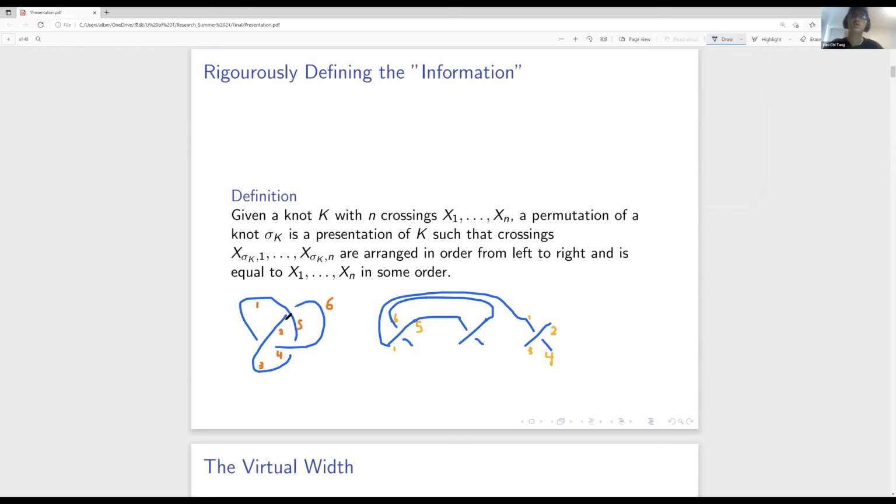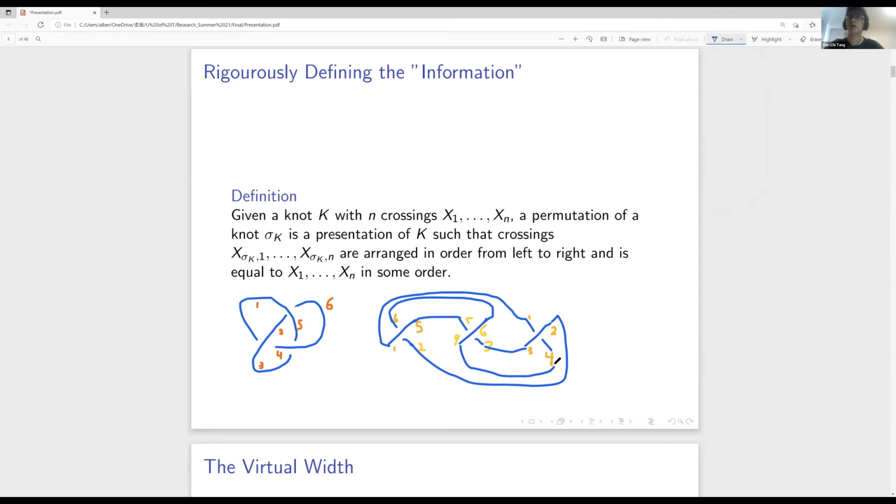So this is 2. And this one's going to be 3, 6, 5, 4. So then the connection is, for instance, going to look something like this.